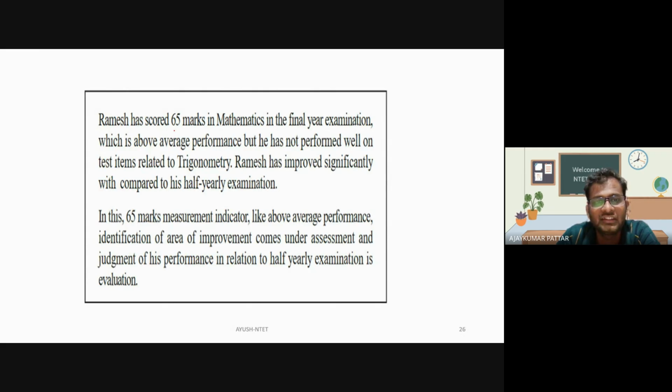Ramesh has scored 65 marks in mathematics in the final year exam, which is above average performance, but he has not performed well on test items related to trigonometry. Ramesh has improved significantly compared to his half yearly examination.